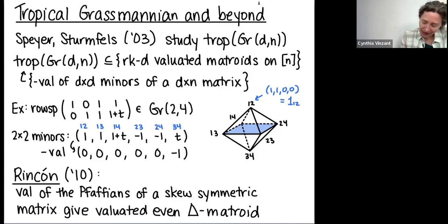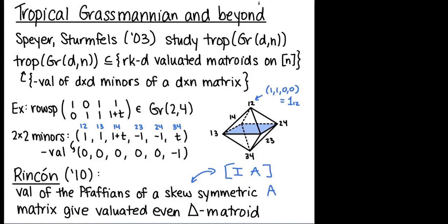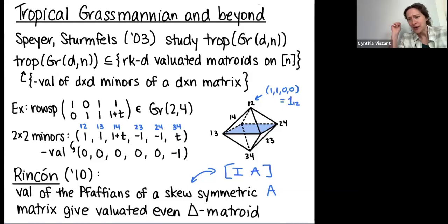But you can translate: if I give you a skew symmetric matrix A, then the element of the Lagrangian Grassmannian that I would want to consider is the row span of the n by 2n matrix A. The condition for being in the Lagrangian Grassmannian is exactly that this matrix is skew symmetric. So I'm rephrasing Felipe's work a little bit. I think that should probably be orthogonal, but it doesn't really matter. Thanks. I'll mention the orthogonal Grassmannian also later.